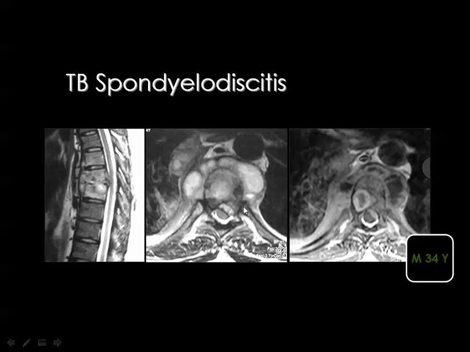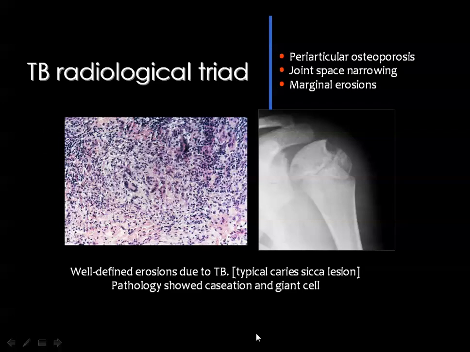In the T2 weighted image, you see the collection extending in the prevertebral space. In the T1 post contrast, you can see the multilocular appearance with thick enhancing margins. TB of the joints: you can see this example of what is known as caries sicca, a tuberculous infection of the shoulder joint.